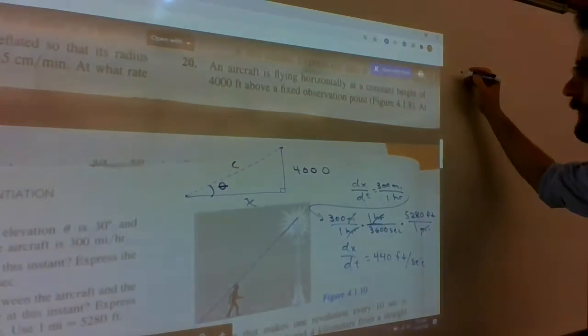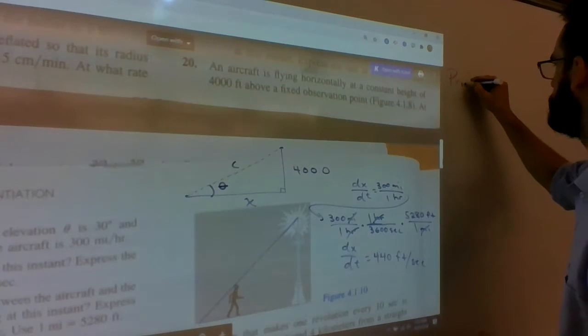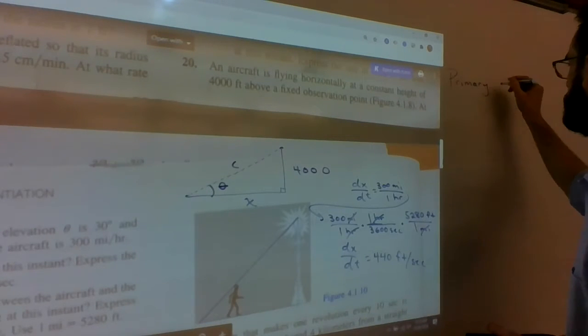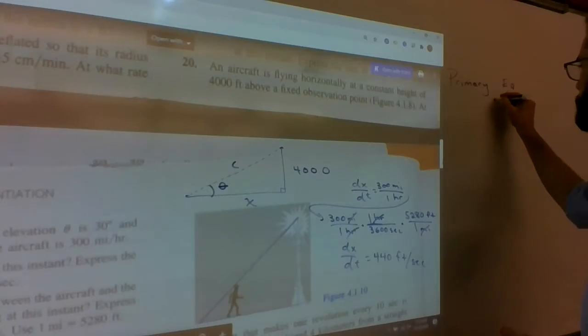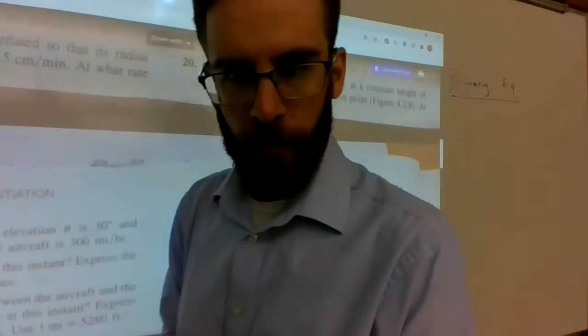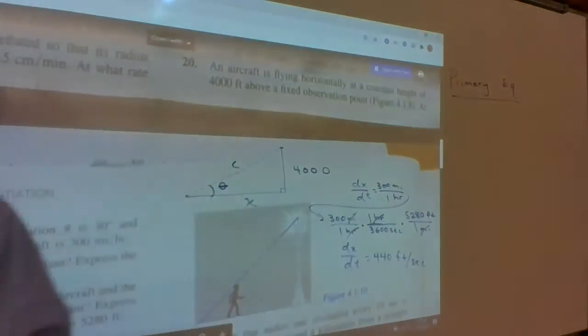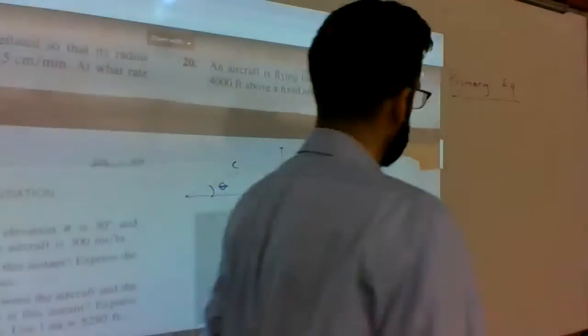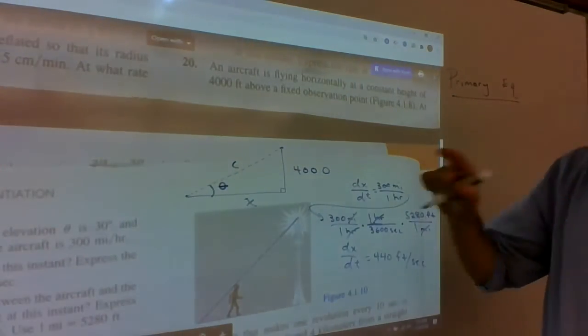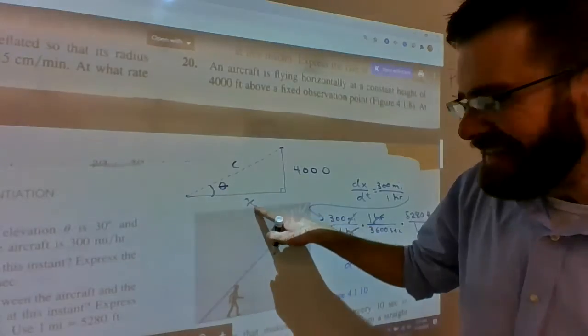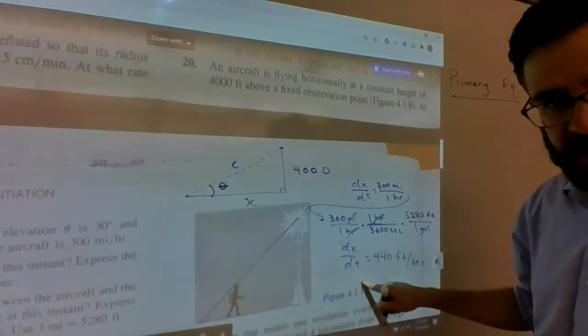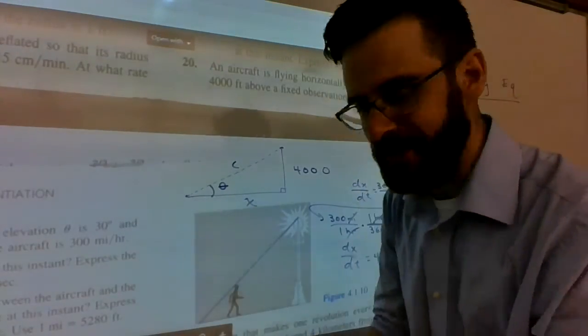So what's our primary equation? And I'll try to find a darker marker so you guys can see it better. We need something with the theta and the x because we have a dx dt and we're looking for d theta dt.